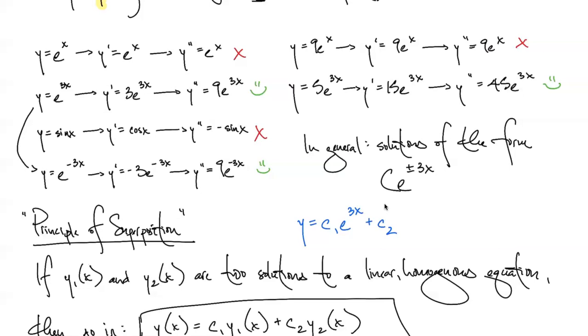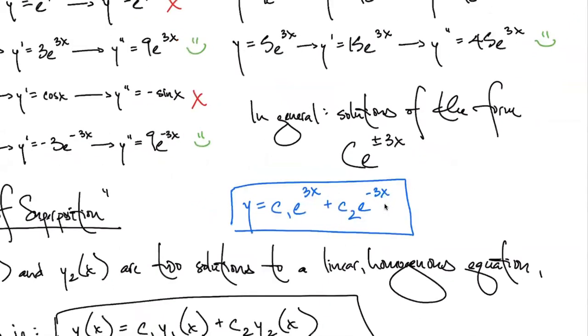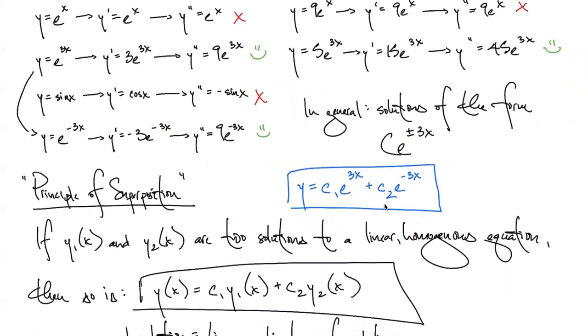Sometimes we forget that that plus or minus symbol is really there so that, as mathematicians, we can be a little lazy and not write out separate ones. But this plus or minus is secretly disguising that the second solution is e to the negative 3x. This is an application of the principle of superposition.